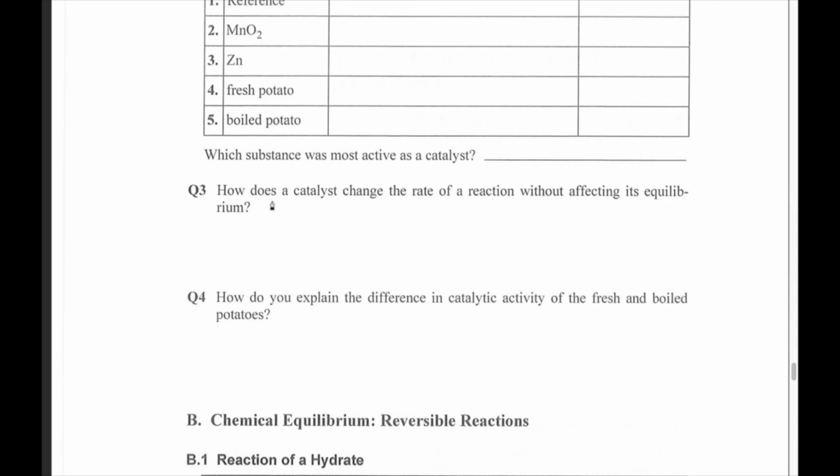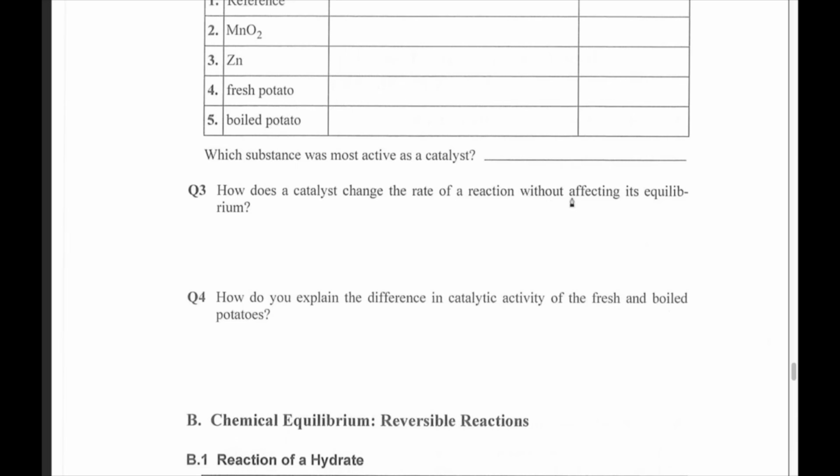Okay, so the question is, how does a catalyst change the rate of a reaction without affecting its equilibrium? Okay, so I think most students usually answer the change the rate of the reaction part. And by that I mean, don't just say that it speeds up the reaction. Explain how it speeds up the reaction. But you need to address that second half of that question. Why doesn't a catalyst change the equilibrium position?